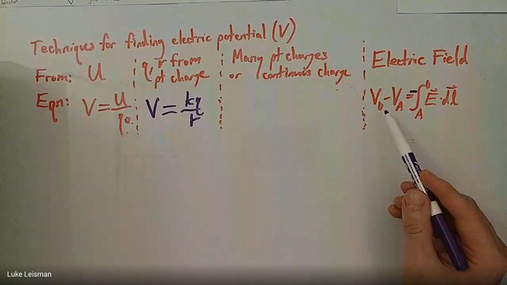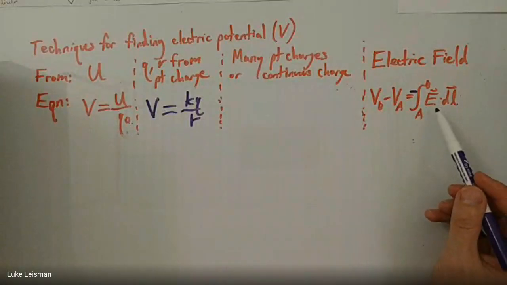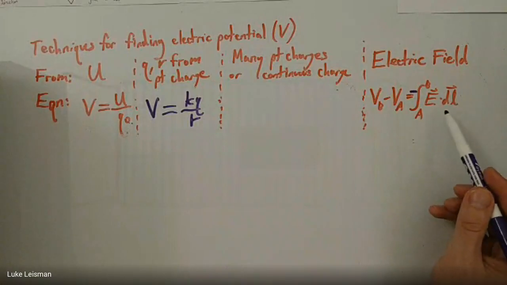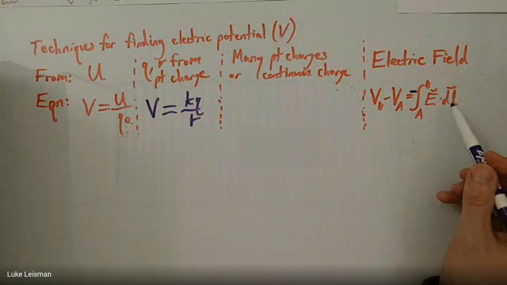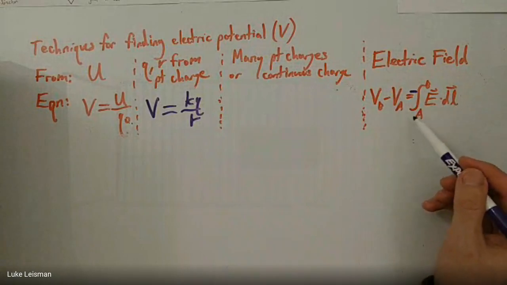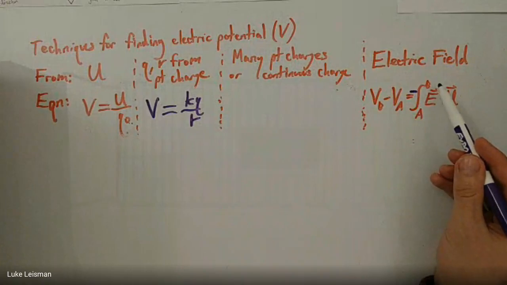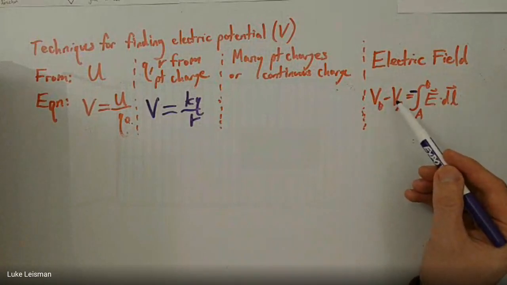Specifically, if you imagine wandering through some electric field, taking a path and a bunch of little steps dl through the field, if we add up all of those steps, then we get the change in potential.